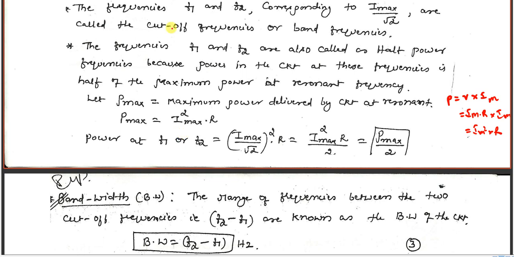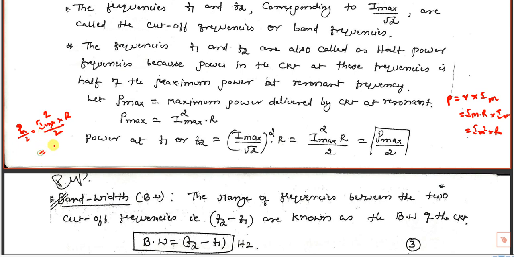At P max by 2, that means I max square into R by 2.